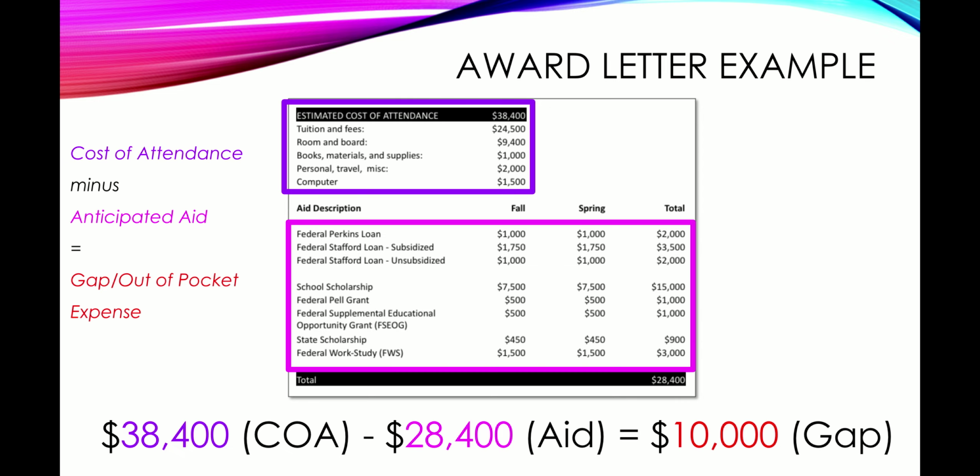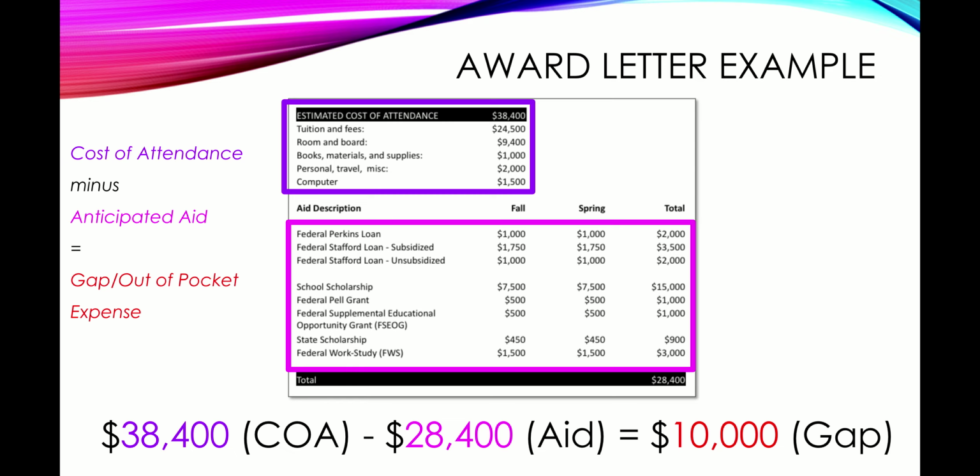They do expect you to let them know, however, so they can adjust your award letter accordingly. What you need to know is if you have another private scholarship or additional aid coming to you that's not included here, how does it affect the award letters that you've been offered? All right.